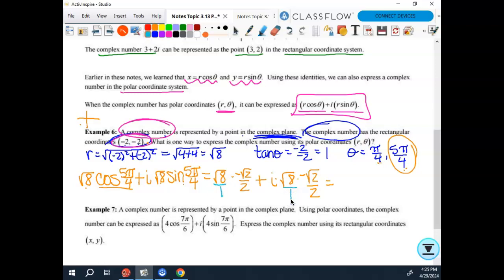Okay? When you multiply square roots, you can multiply everything underneath together, but not the stuff that's not. So this will give me the square root of 16. Square root of 16 is 4, so that's a negative 4 over 2, which gives me negative 2 plus, and then this would be the same thing, 16, and then that'll give me, I don't guess I want plus, I can do minus 2i.